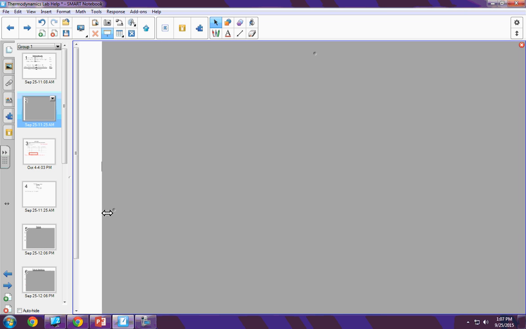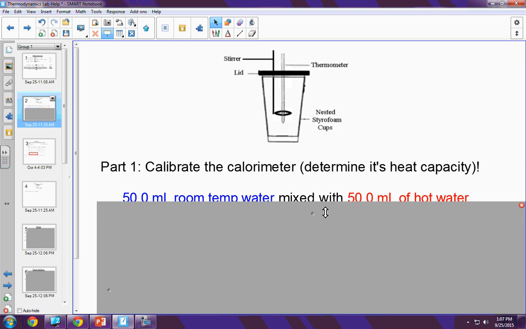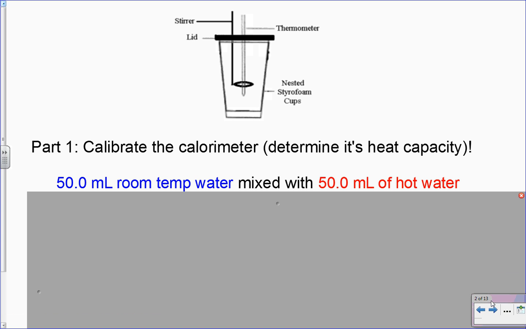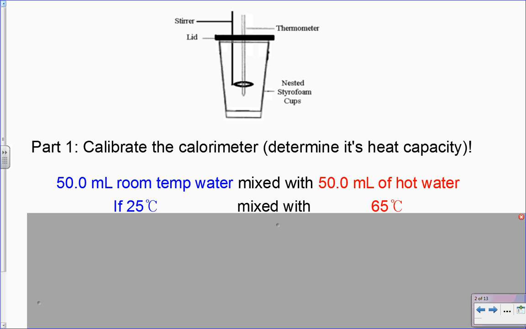Let's assume that into our coffee cup calorimeter we put 50 milliliters of room temp water and record its temperature. And then we get hot water, and right before we dump it in there, we take the 50 milliliters of hot water, record its temperature, and we get the fact that the room temp water was at 25 degrees Celsius and the hot water was 65 degrees Celsius.